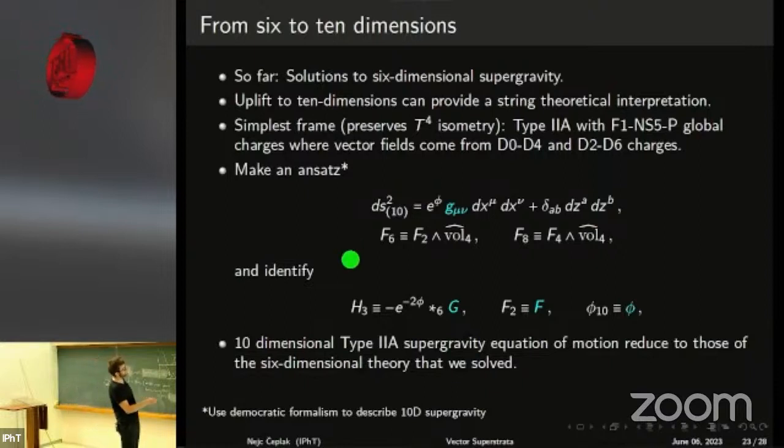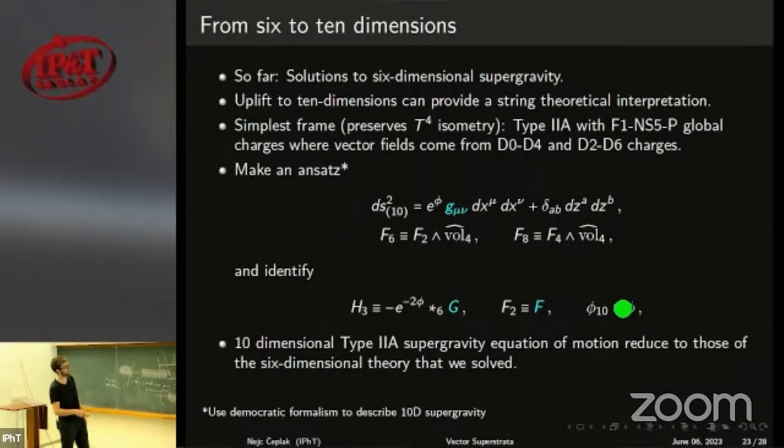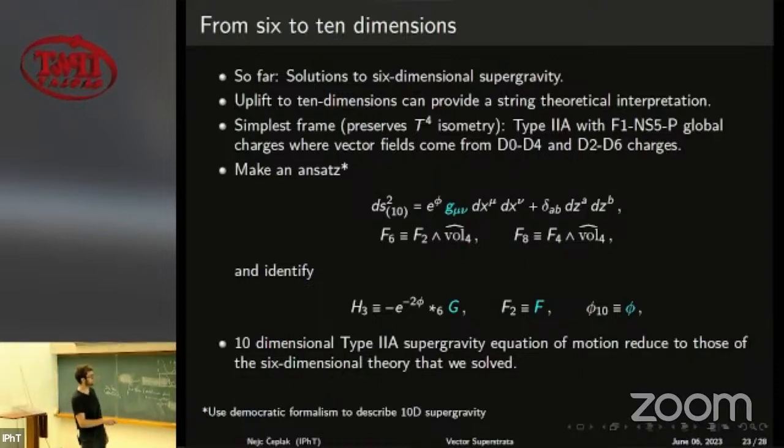And one can actually make an ansatz for the metric and the form fields. I work in the democratic formalism, in which I also have a 6-form and an 8-form field strength in type IIA. And what you can actually show is that by making this ansatz and a particular identification of fields, your 10-dimensional equations of motion just reduce to the equations of motion that we solve in 6-dimensional supergravity.